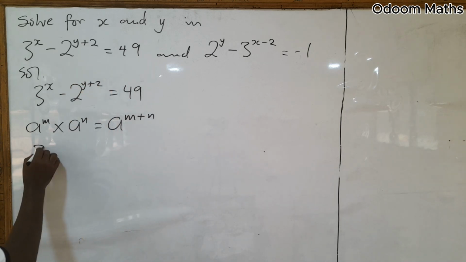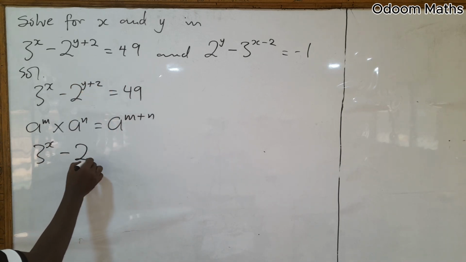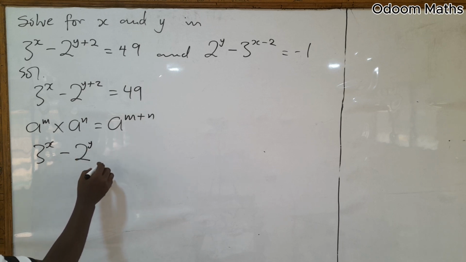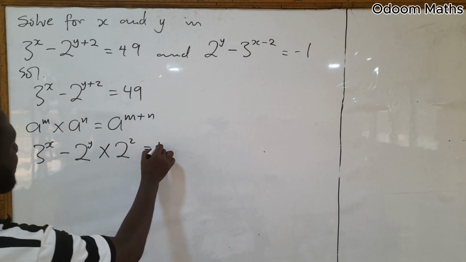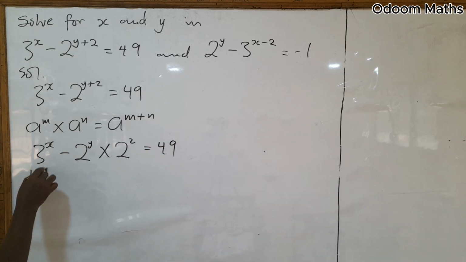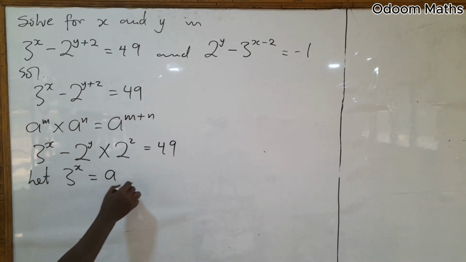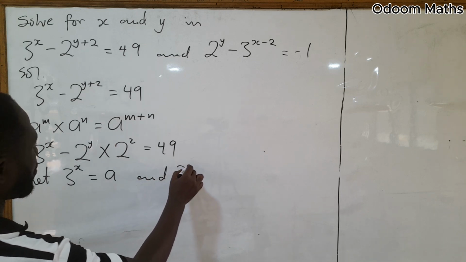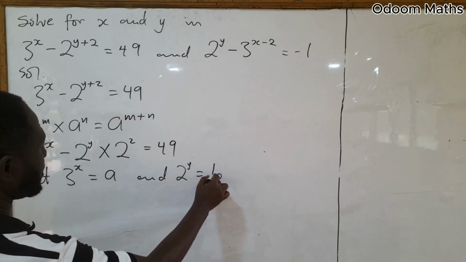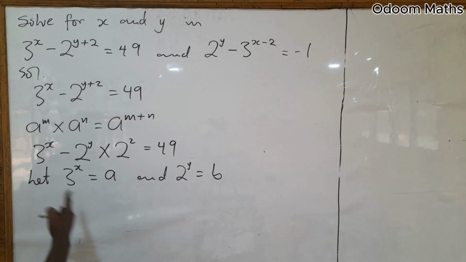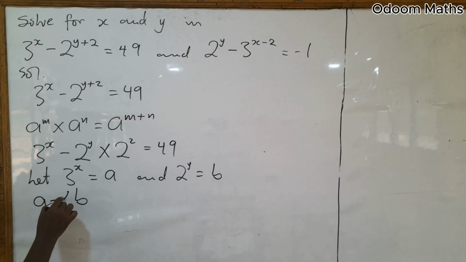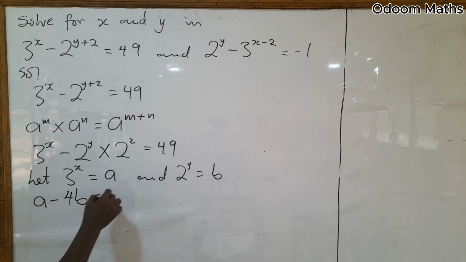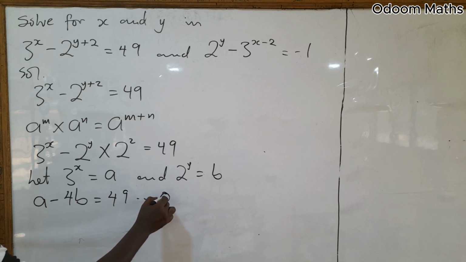So we can have 3 to the power x minus 2 to the power y, then times 2 to the power 2 equals 49. So we let 3 to the power x be equal to a and 2 to the power y be equal to b. In this sense, we have a minus b times 4, so we are going to have a minus 4b equals 49. And that is going to be our equation 1.